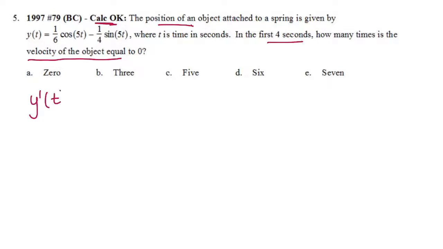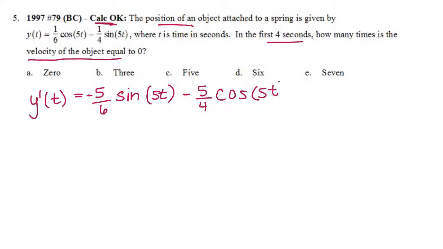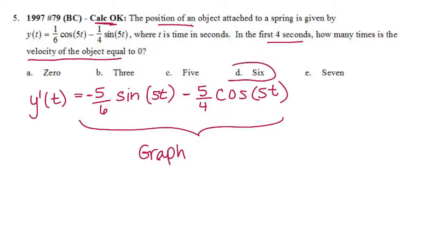We could do y prime of t by hand: negative 5/6 sine of 5t minus 5/4 cosine of 5t, or you could just type that straight into your calculator. You would need to graph this, and then count how many times it crosses the x-axis, and it should cross a total of 6 times during the first 4 seconds.